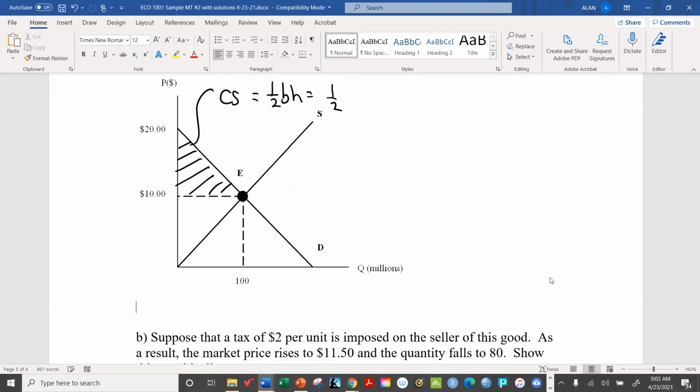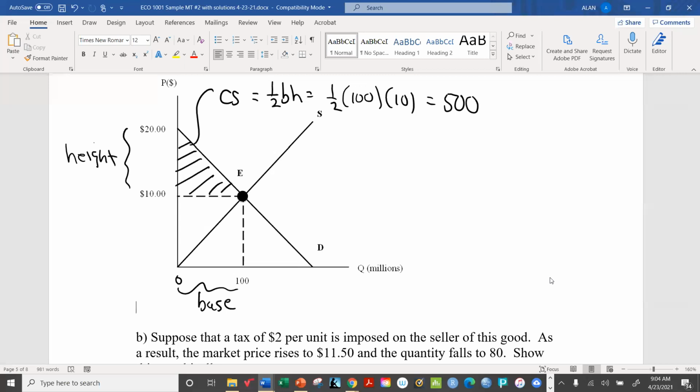The base in this case is 100 for both of them, by the way. And then the height is right here, $10. And that gives me $500.